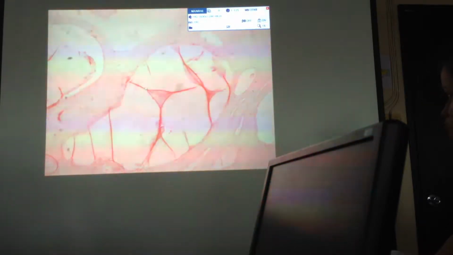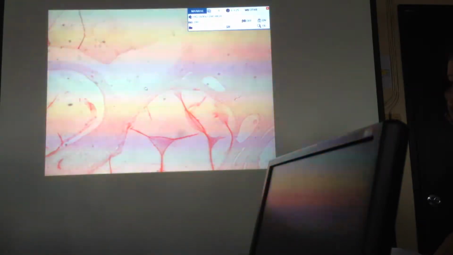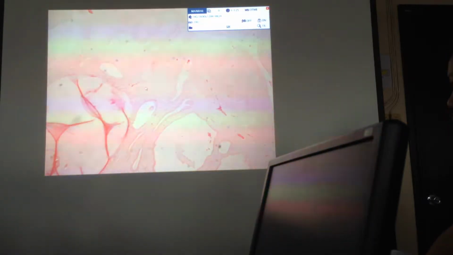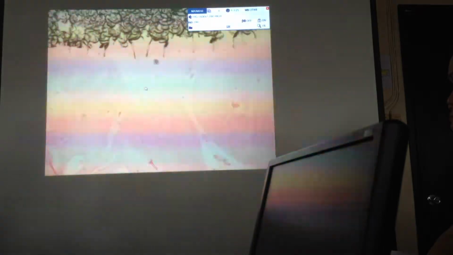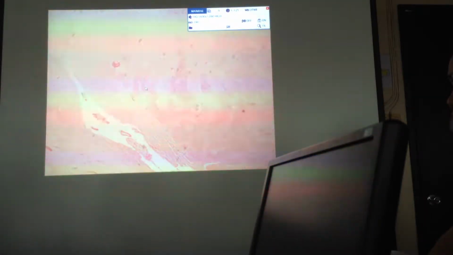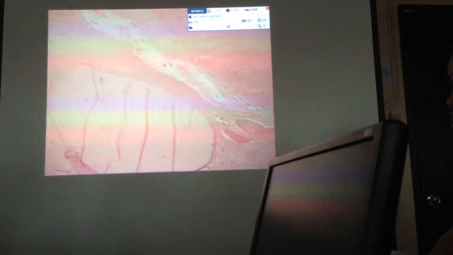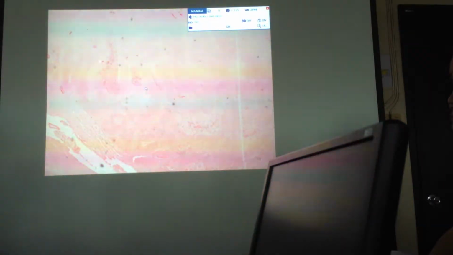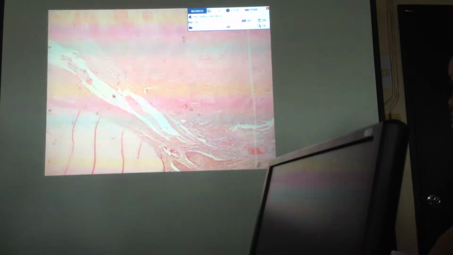This can be part of the cervical structures that we will see. And then we have here the portions of the malignancy.